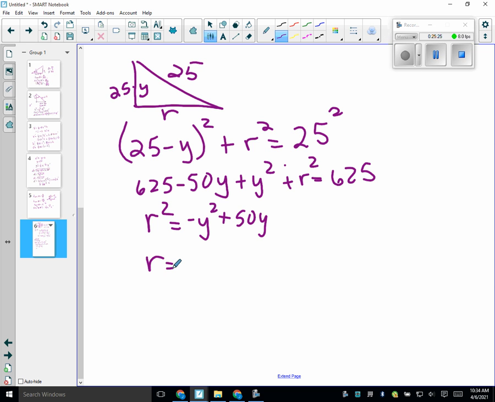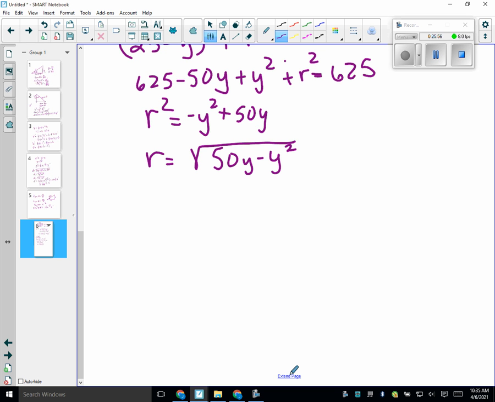So is r equal to the square root of 50y minus y squared? Okay, why did I not do plus or minus? Because we know it's positive. R can't be negative. Negative distance. Okay. Now, what is C?